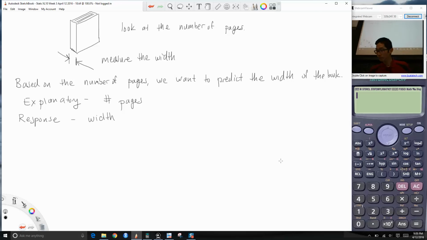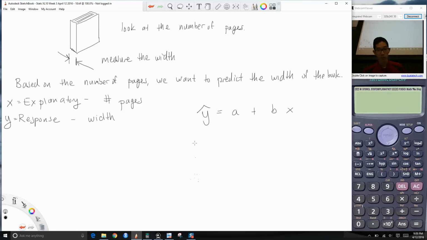Okay. And so we can create a prediction equation in the form of y hat is equal to a plus bx. Our response, the width, is our y, so the response is y and x is the explanatory.